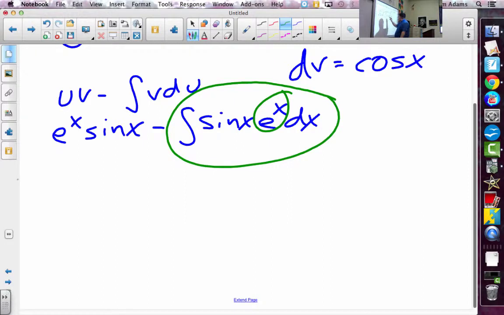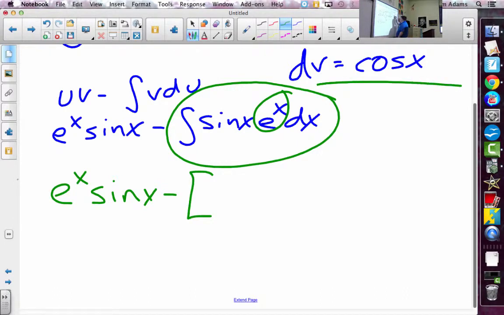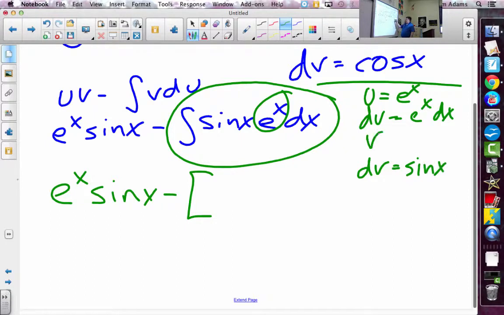In other words, if I were to do the integration by parts a second time on this stuff, this would be minus, and then here I would choose a new u. My new u would be e to the x, and it doesn't matter if you flip-flop them around. And then du would be e to the x dx. And if I said dv was equal to sine of x, then v would be equal to negative cosine of x.